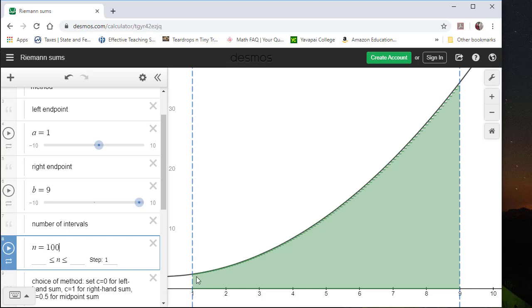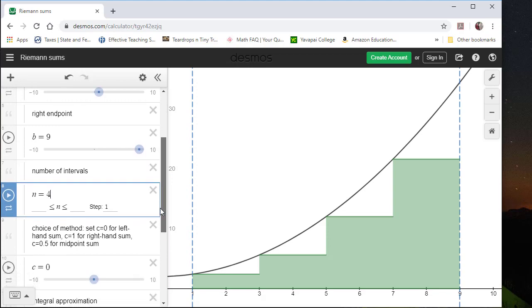But what you notice as you use more and more rectangles, you're still getting an underestimate, but the area that you're underestimating it by is getting much, much closer to the actual area. And in fact, we could put in 1,000 rectangles here. We'd probably get almost the exact area because we'd be having very little that we're missing. Let's go back to the 4. Let's scroll down.